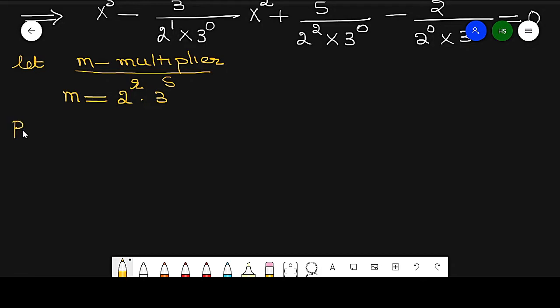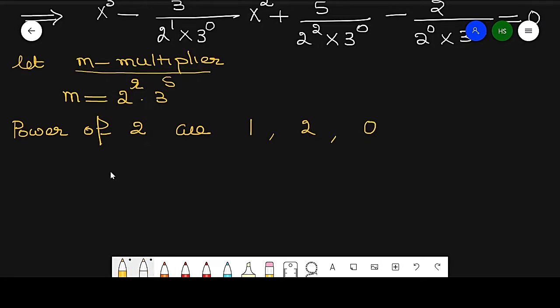The powers of 2 in the quotients are 1, 2 and 0. This is the power of 2.